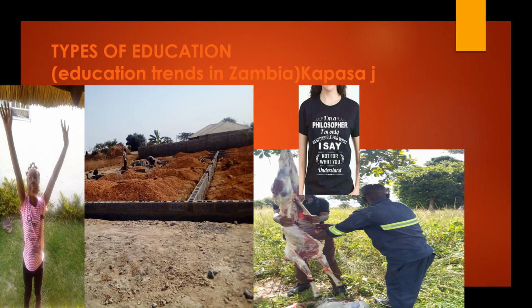Indigenous education basically refers to the type of education which existed before the coming of the whites. But of course, some of the elements are still being used even now. Okay. Our interest is to look at three things: the aim of education, the methodology of teaching, who were the teachers.